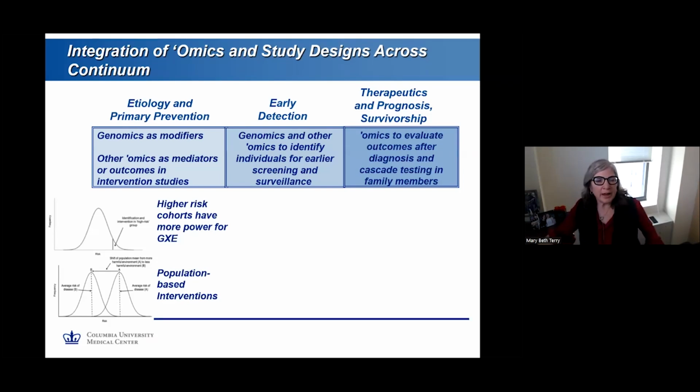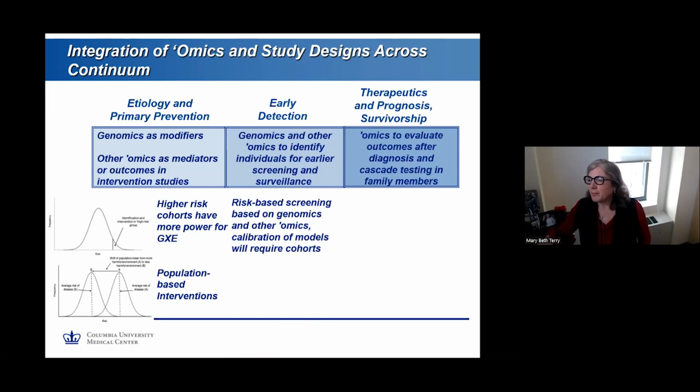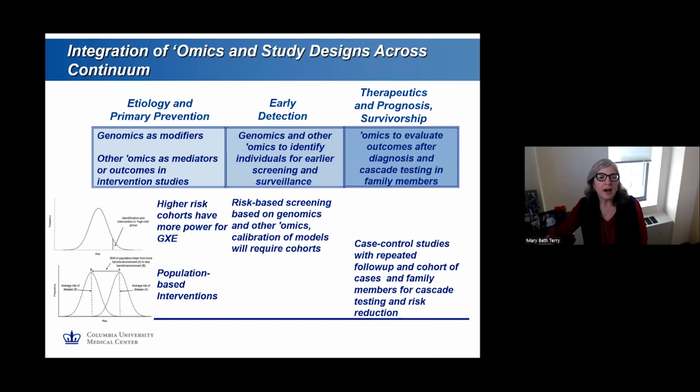However, if we are thinking about prevention, we still may want to look at population-based interventions. When we're thinking about cancer screening, more and more studies are evaluating risk-based screening, again focusing on the important purpose of having cohorts to validate those models.